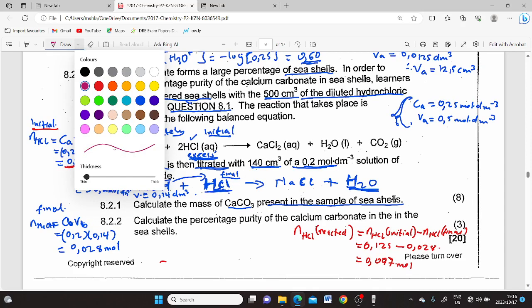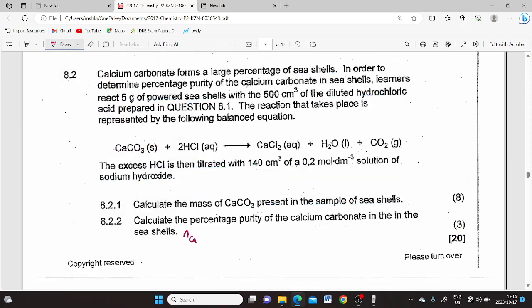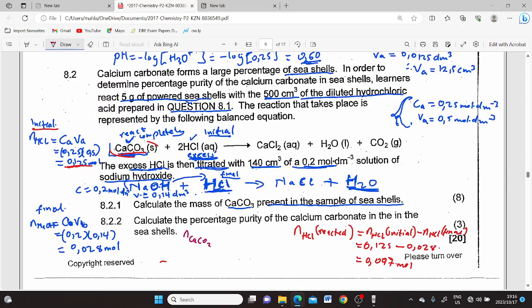Now the ratio of the number of moles of calcium carbonate to the number of moles of HCl reacted is 1:2.